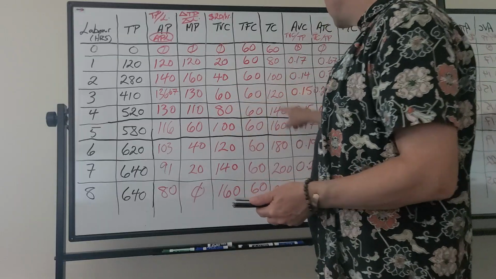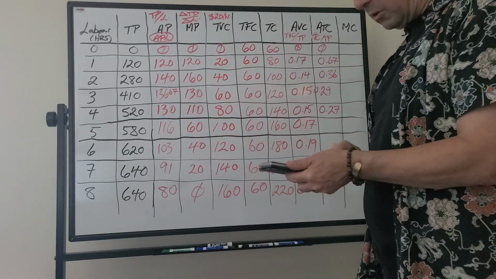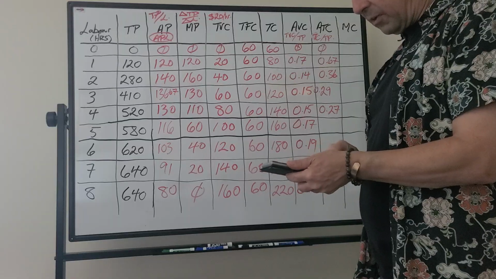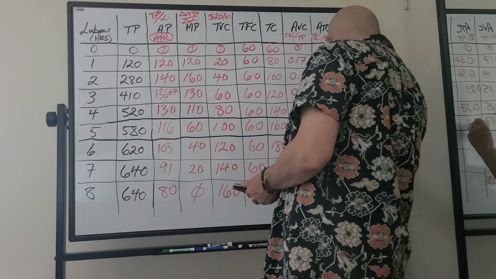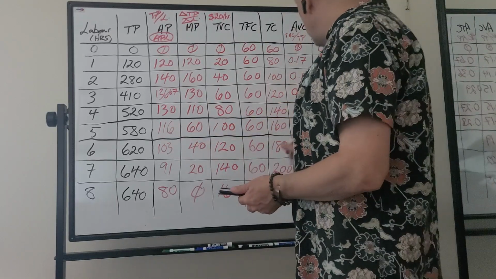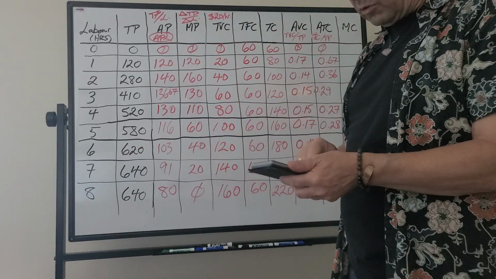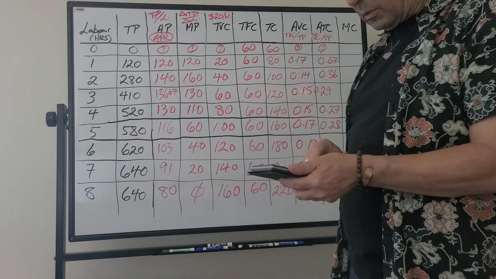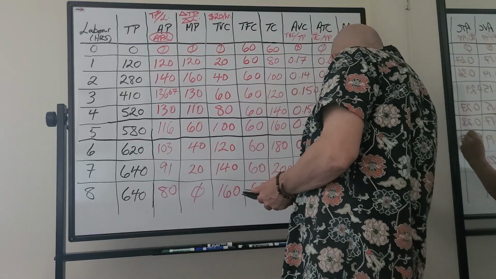Okay, and then we've got total cost of 160 divided by 580. So 160 divided by 580 is 28 cents. So here it's starting to go up again. We've got total cost of 180, 620 items equals 29 cents.